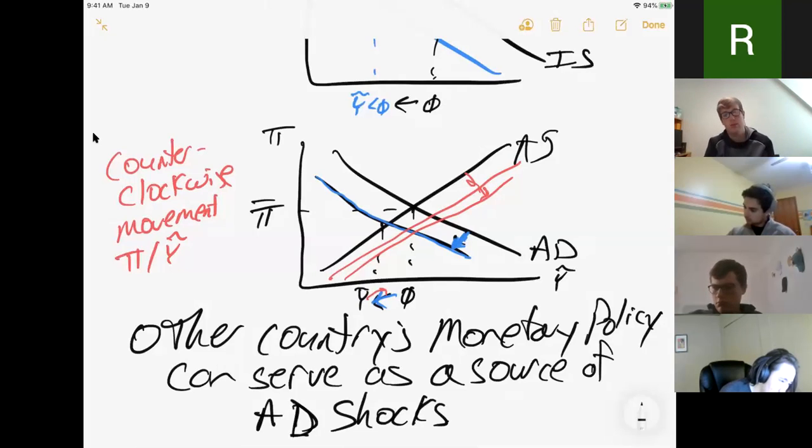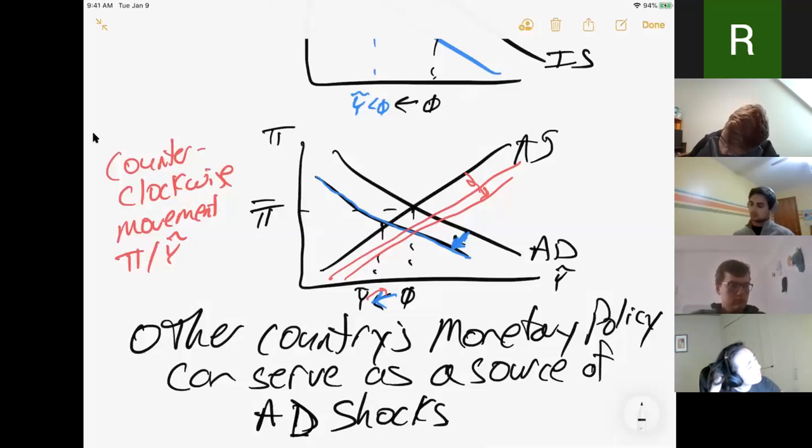So here's a huge complaint that many small open economies like Canada, the Bahamas, countries that do a lot of trade with the US and are very sensitive to the dollar exchange rate, have. Their complaint is that the US, by only focusing on itself and cutting interest rates, has essentially given other countries a series of negative aggregate demand shocks.